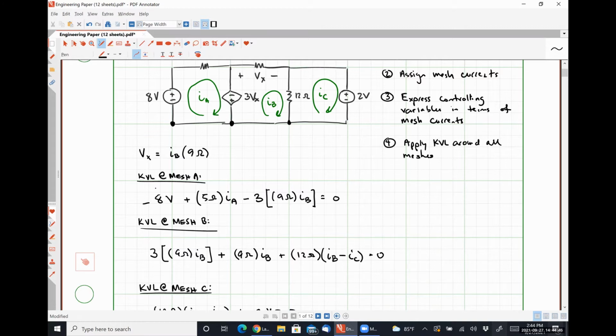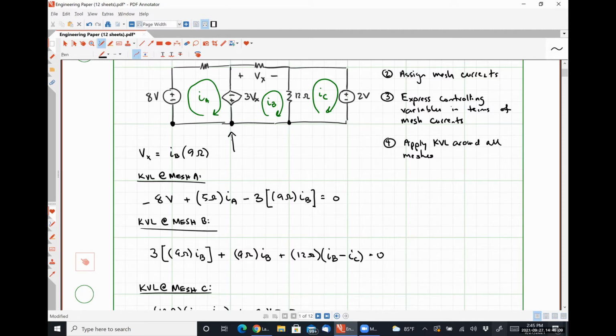If the 3Vx dependent source here were a resistor instead, then it would have been resistor value times IA minus IB in our mesh A equation, and it would have been resistor times IB minus IC in our mesh B equation.